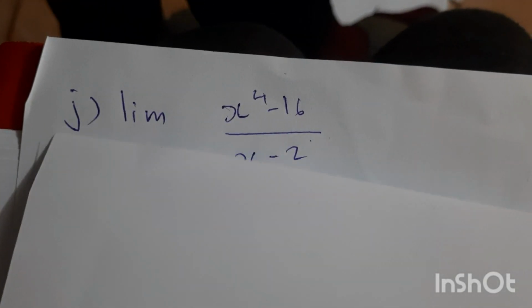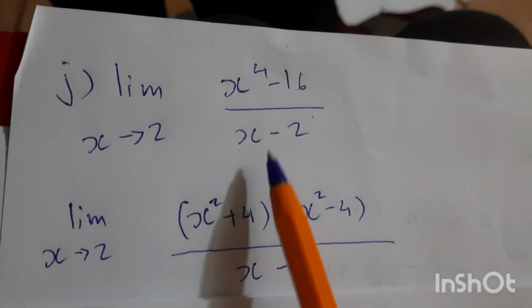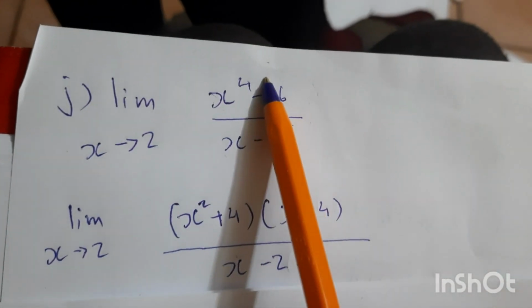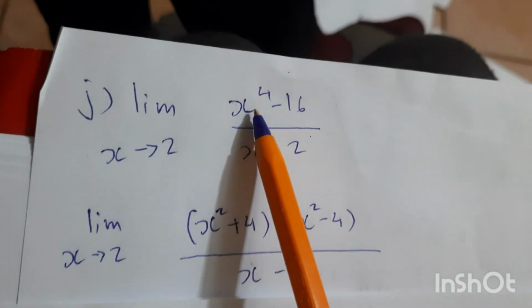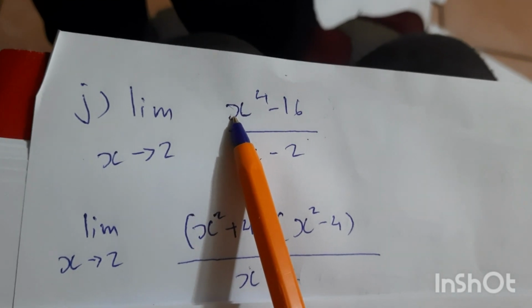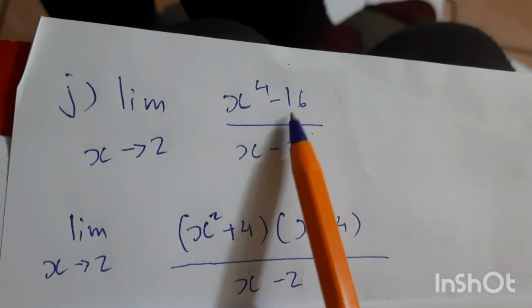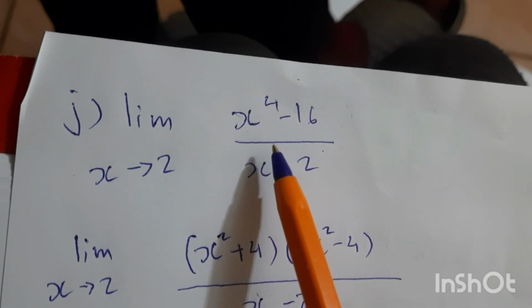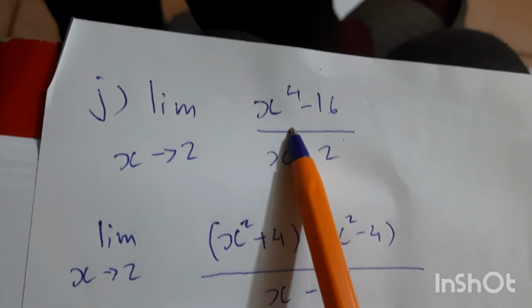So what we're going to do is take this to this version, because we have x to the 4th minus 16. This whole thing is actually a difference of two squares.